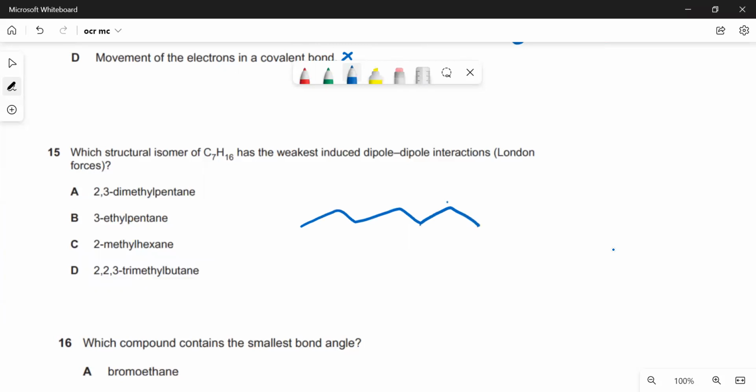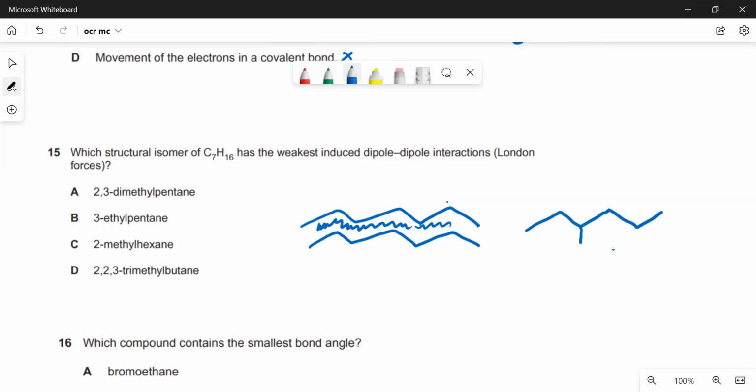If you get another heptane molecule there, they can have lots of points of contact. If it's got a branch in it though, you can see there's less possibility. The molecule's got less surface area, hasn't it? So the points of contact will be fewer and the London forces will be weaker.